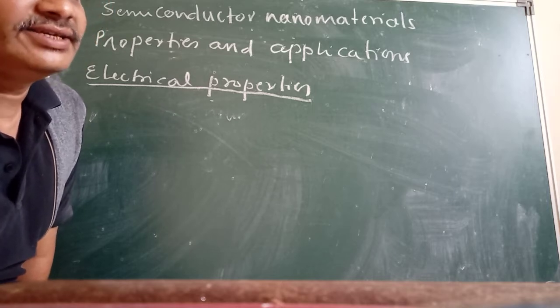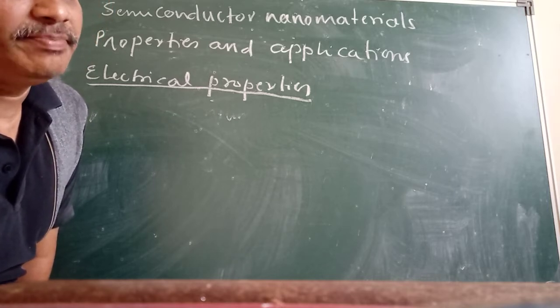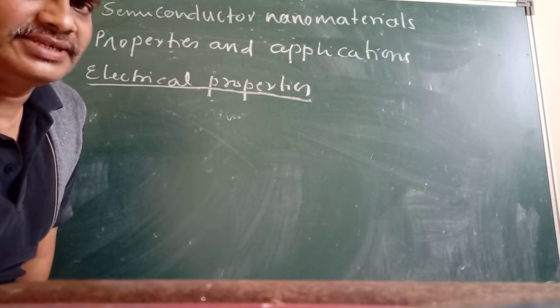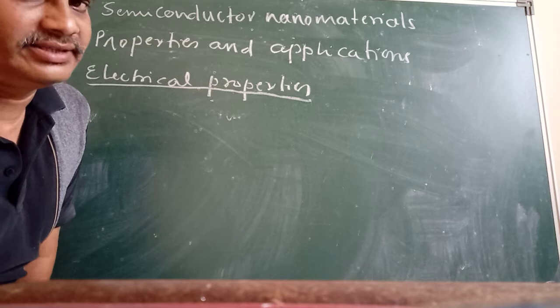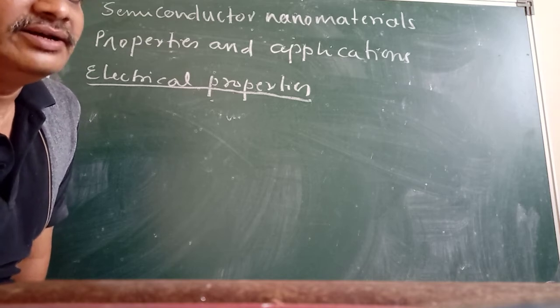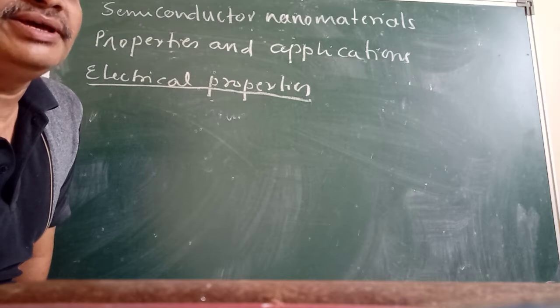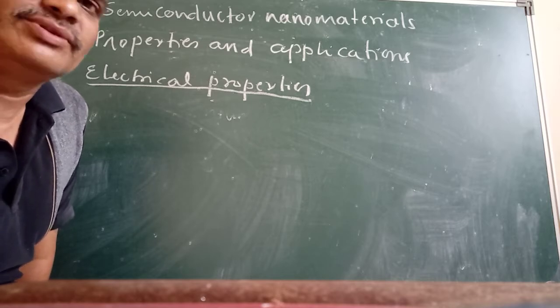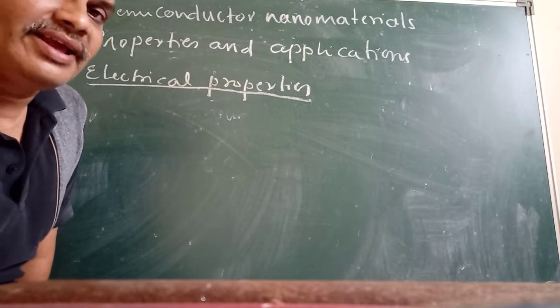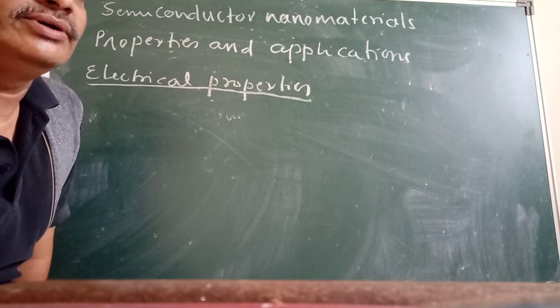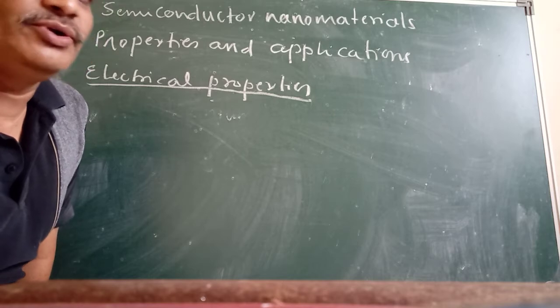But when a particular material is converted to nano, especially in the case of compound semiconductors like 3-5 and 2-6, the band gap can vary with respect to the size of the nanomaterial. The band gap can also vary with respect to added impurities.